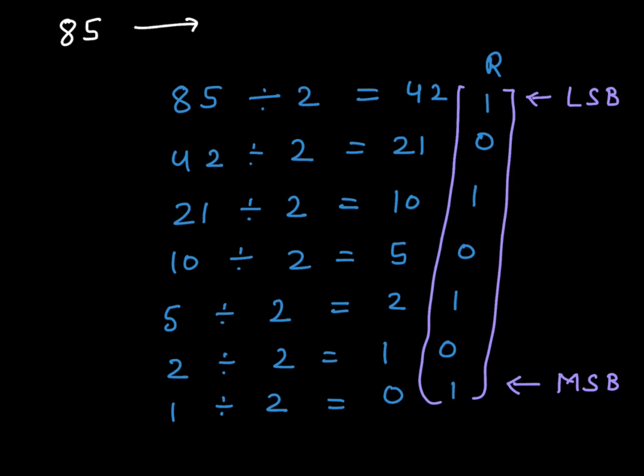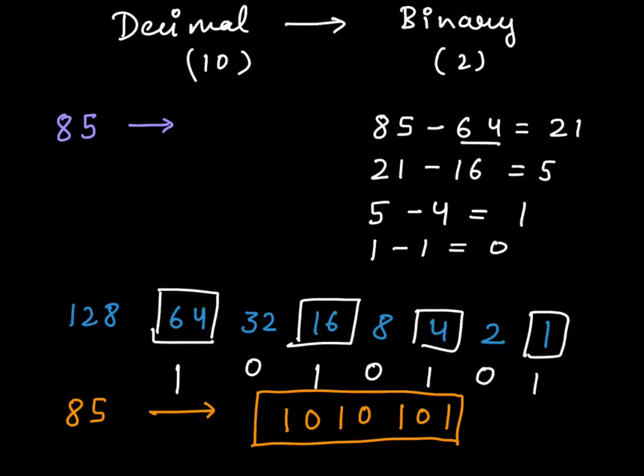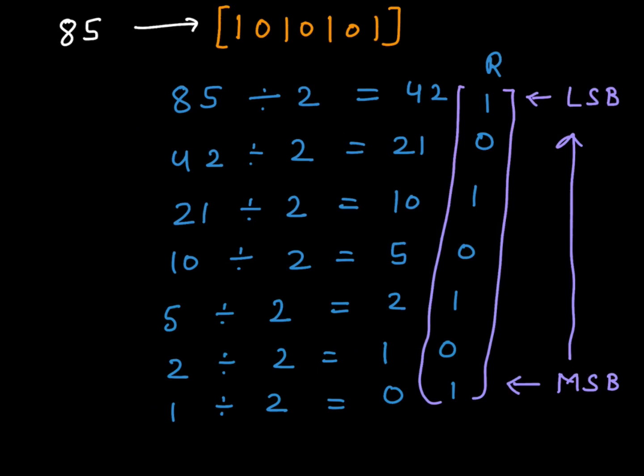The way to read it is to go from the MSB to the LSB. So we write 1 0 1 0 1 0 1. That is the answer, and it is the same answer we calculated using the subtraction method. This proves the validity of this method.